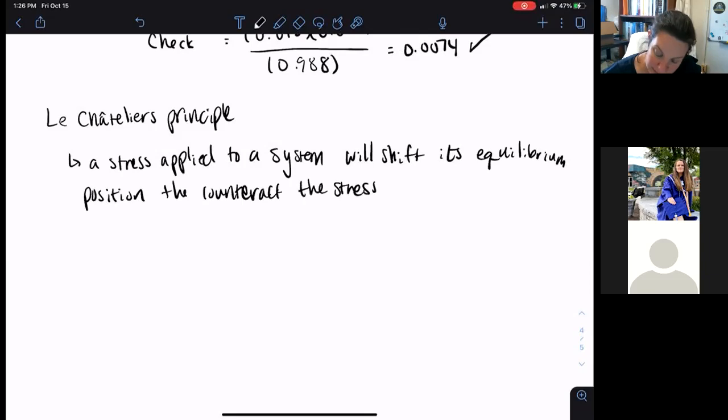Okay, and we can think about this in a Q versus K type situation.